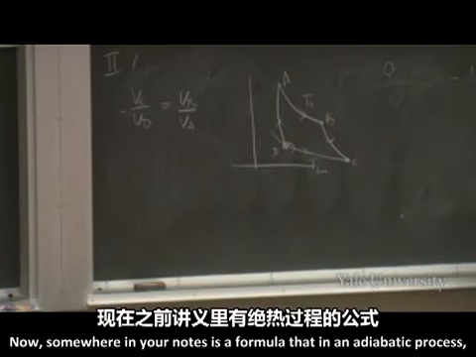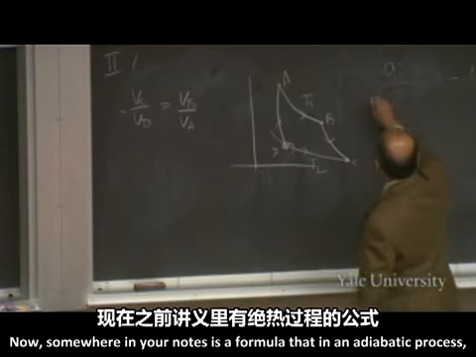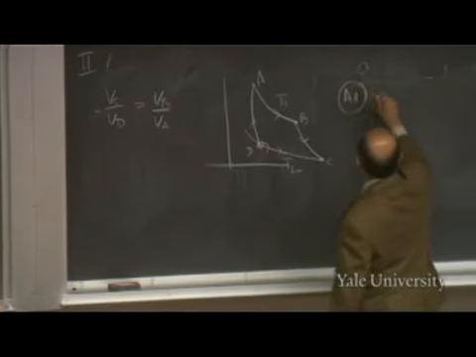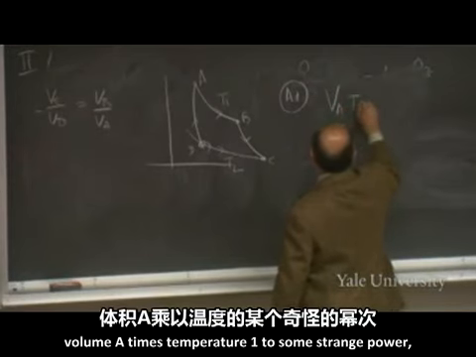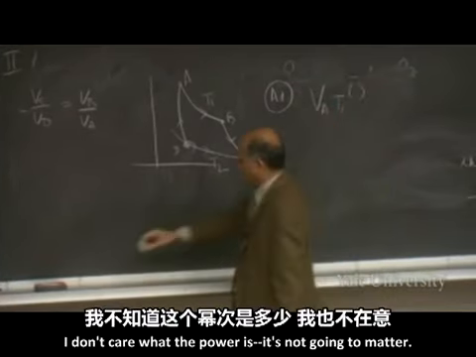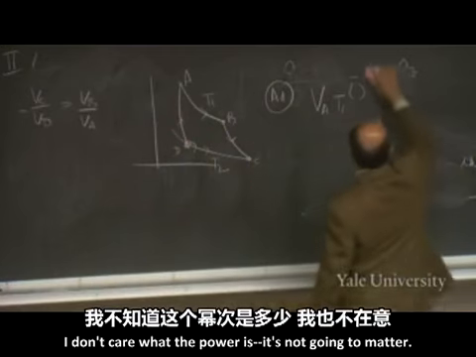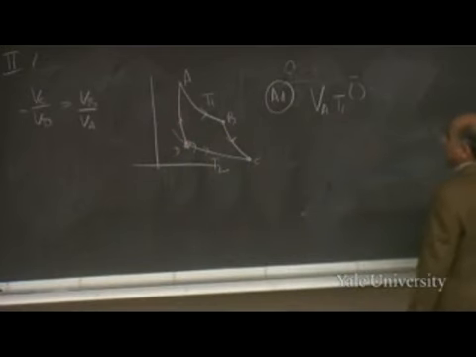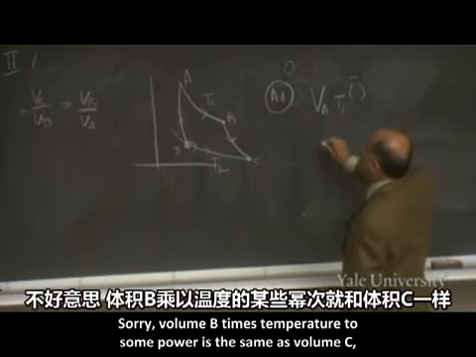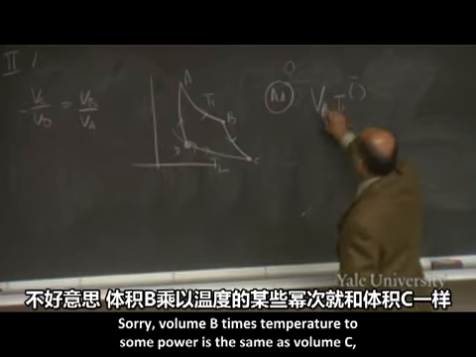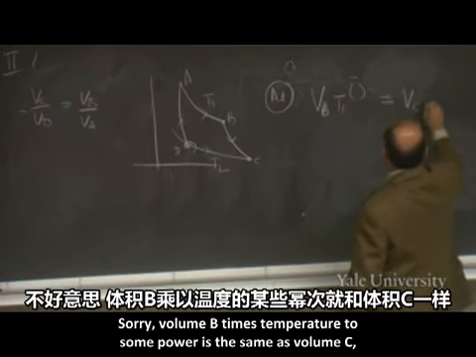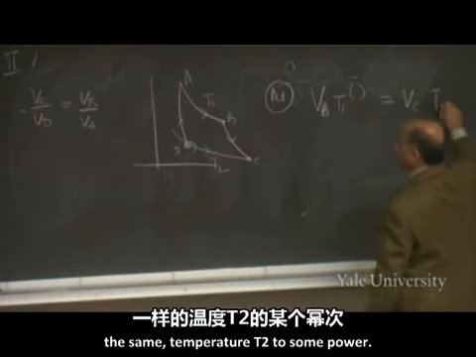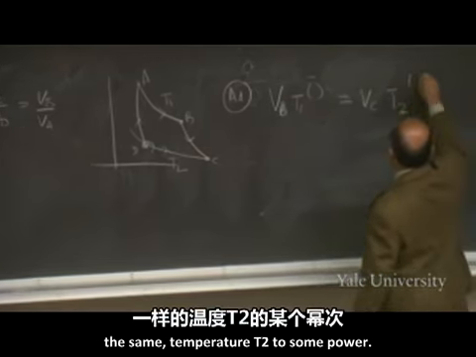Now, somewhere in your notes is the formula that in an adiabatic process, volume A times temperature 1 to some strange power, I don't care what the power is, it's not going to matter, is the same as volume B times temperature to some power is the same as volume C, the same temperature T2 to some power.